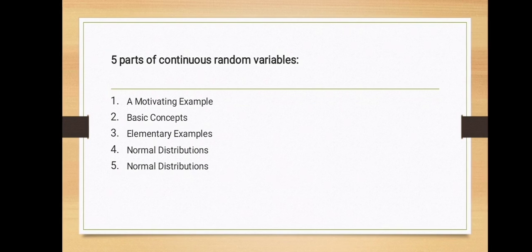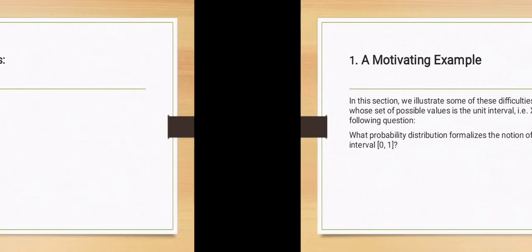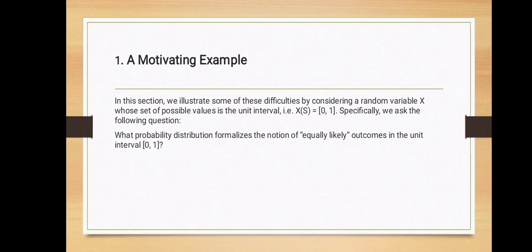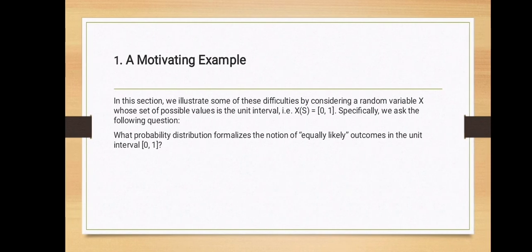Well, the first is a motivating example. In this section, we illustrate some of these difficulties by considering a random variable X whose set of possible values is the unit interval [0,1].